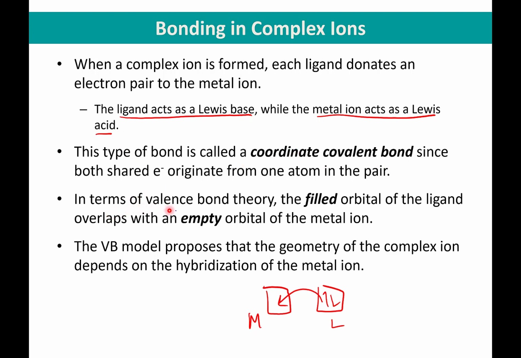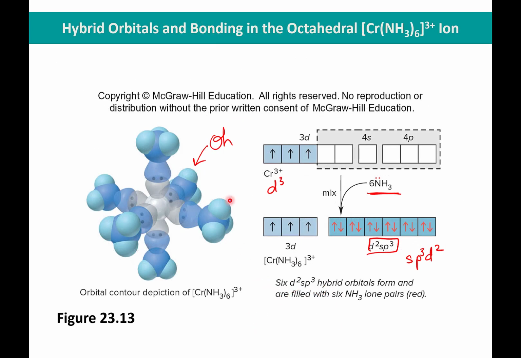And in terms of valence bond theory, we say that the filled orbital of the ligand overlaps with an empty orbital of the metal ion. So we've got a filled orbital on our ligand overlapping with an empty orbital on our metal. So the valence bond model proposes that the geometry of the complex ion depends on the hybridization of the metal ion. So let's look at an example.